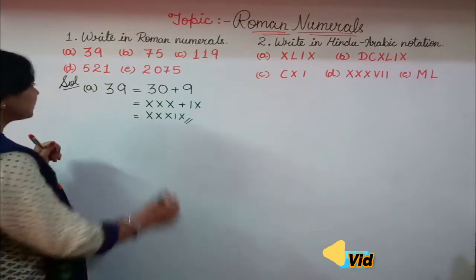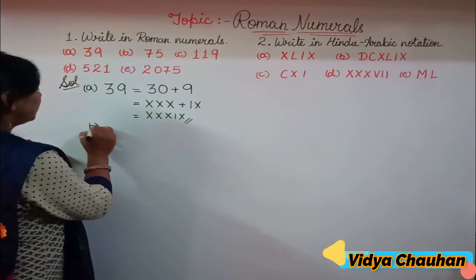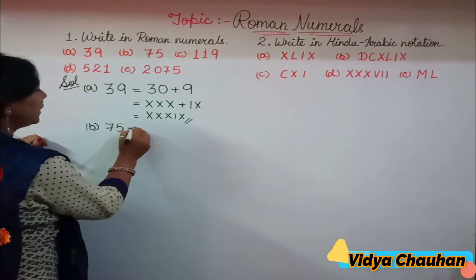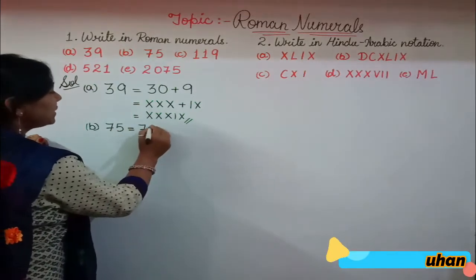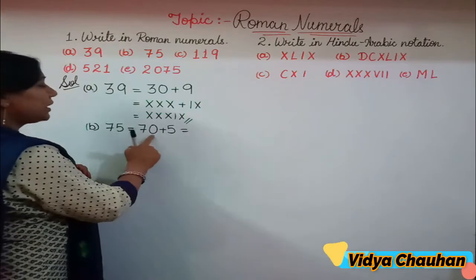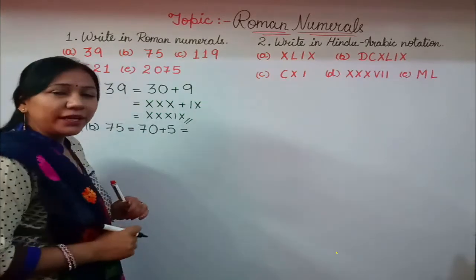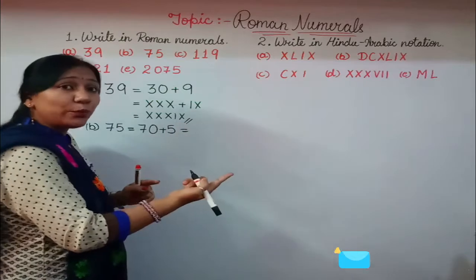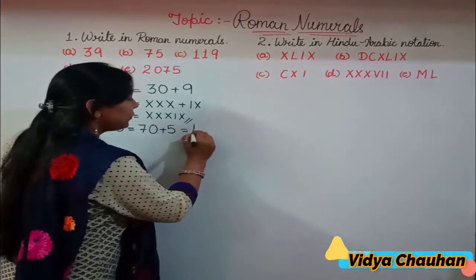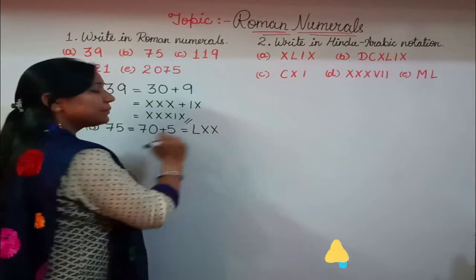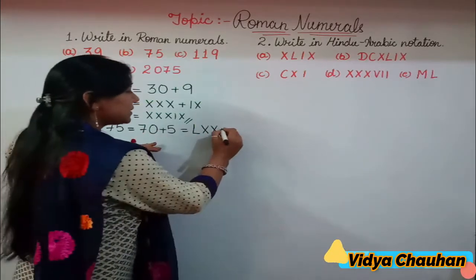Clear students? Taking the B part. In the B part you have to write the Roman numeral for 75. Very first write it as 70 plus 5. What is the Roman numeral for 70? It is 50 plus 20. The symbol of 50 is L, and 20 is XX. This is our symbol for 70, plus 5.